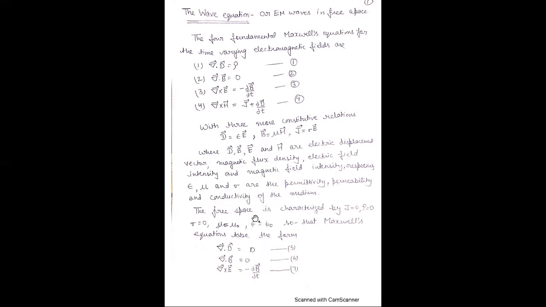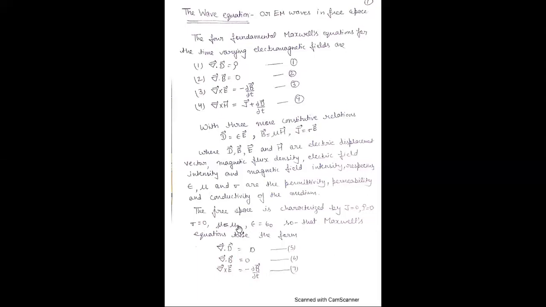Therefore, in free space, J is equal to 0, means current density is equal to 0. Rho, charge density, is also equal to 0. If J is 0, J is equal to sigma E, therefore sigma is also equal to 0. And mu, permeability, is equal to mu naught, and epsilon, permittivity, is equal to epsilon naught.